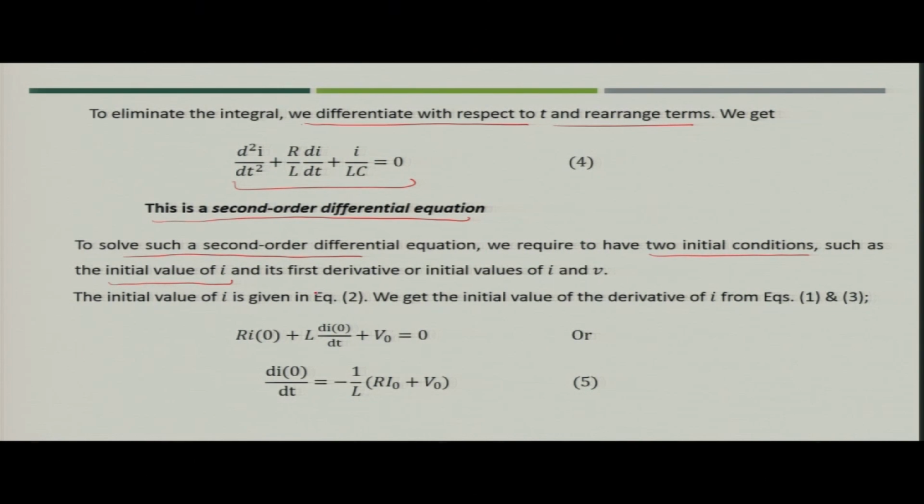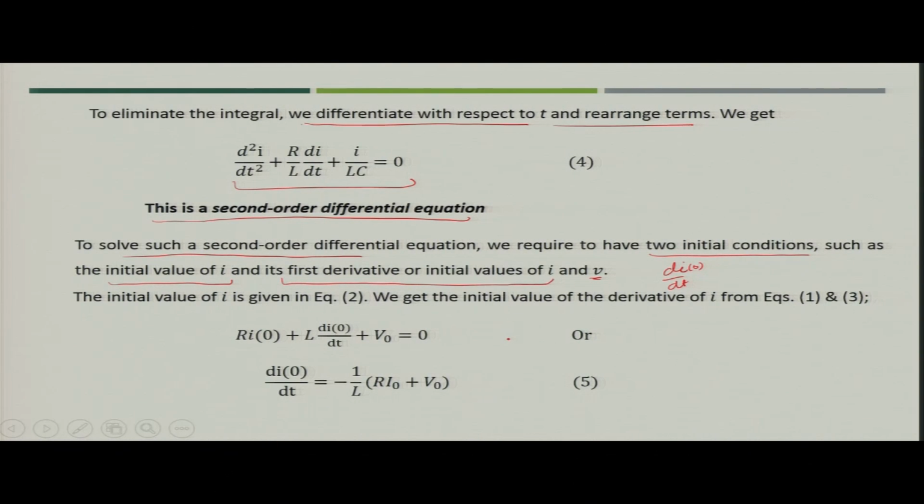Next, what you need to do is calculate the first derivative of the initial value of I, that is the value of di by dt at time t is equal to 0, and the initial value of V across the capacitor we know. So, we can utilize that value.